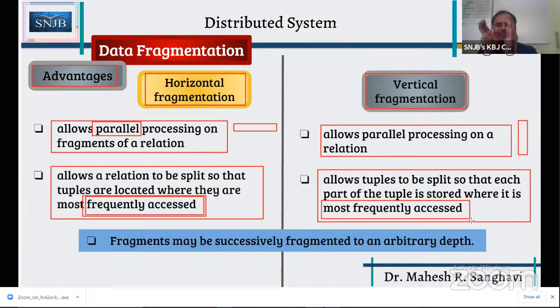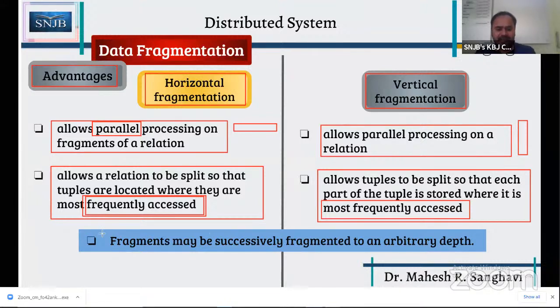So it is vertical fragmentation, where I'm simply entering my Aadhaar card number. By entering it, it will be automatically mapped with my Aadhaar card database, which is located at some different server. So that's the beauty of both fragmentations, horizontal and vertical. It depends on where exactly we are using, what kind of application we are talking about.